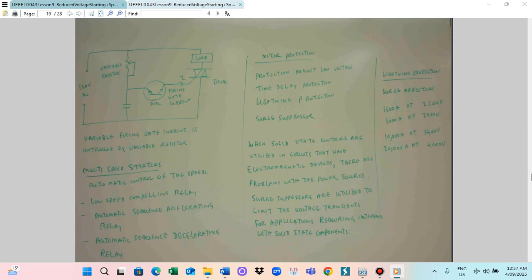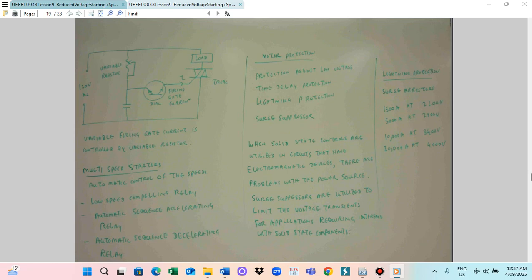In the motor electrical drive system, we are increasingly using solid state control, so we need to limit the surge. When solid state controls are utilized in a circuit with electromagnetic devices, there are problems with the power source. Such suppressors are utilized to limit the voltage transients for applications requiring interface with solid state components.